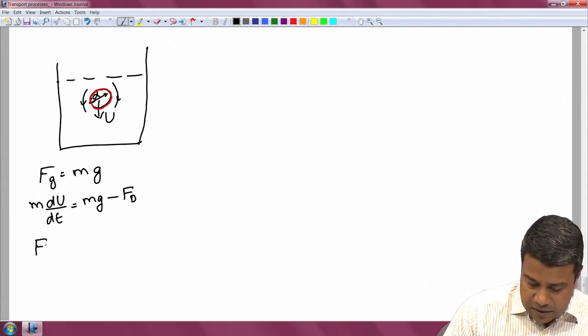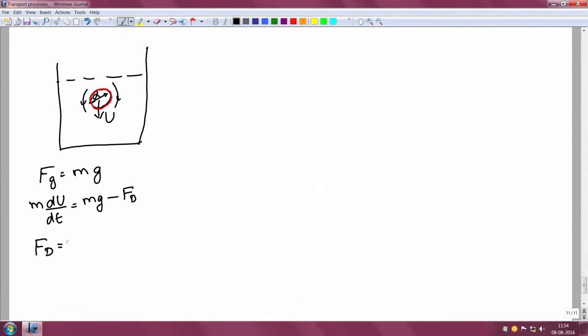As I said, this drag force could be a function of, first thing, it has to depend upon the diameter of the particle. And it could also very well depend in some way on the dimension of this tank.